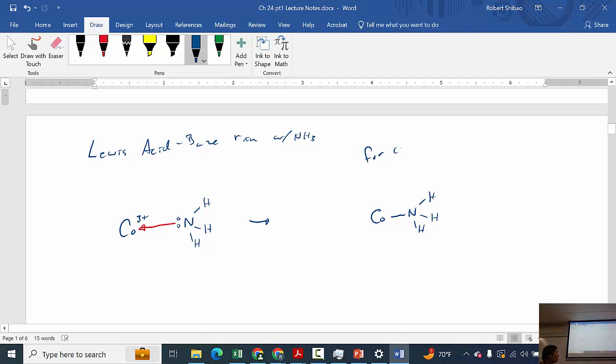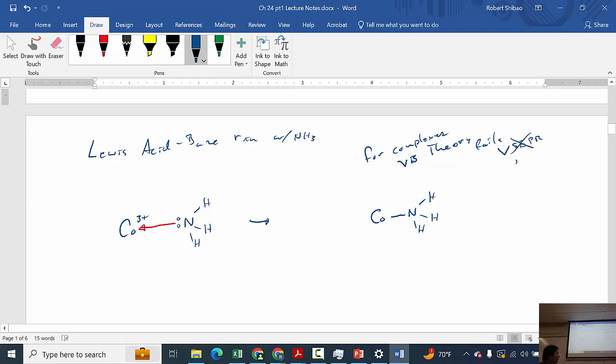Now for complexes, we don't do formal charge. For complexes, valence bond theory fails. So we don't do the usual stuff we do with valence bond theory. And so here we don't worry about VSEPR. VSEPR is part of valence bond theory.